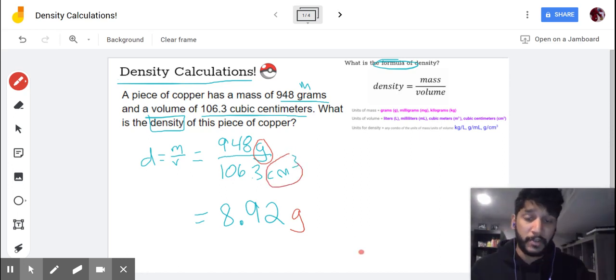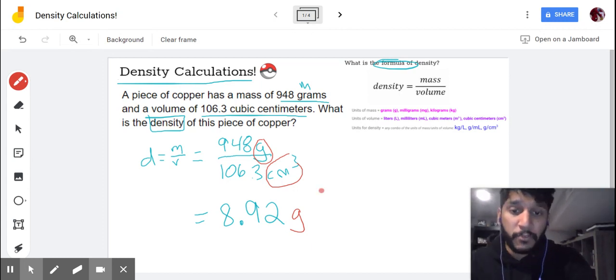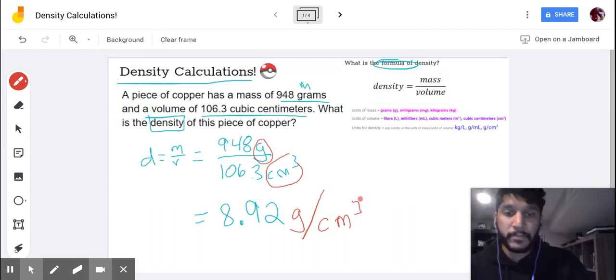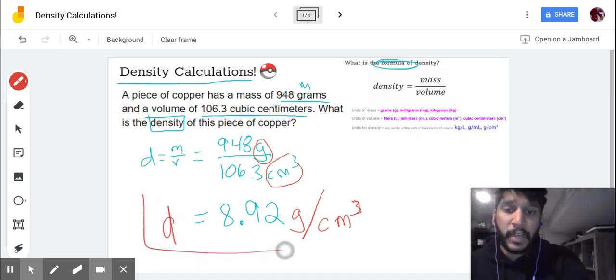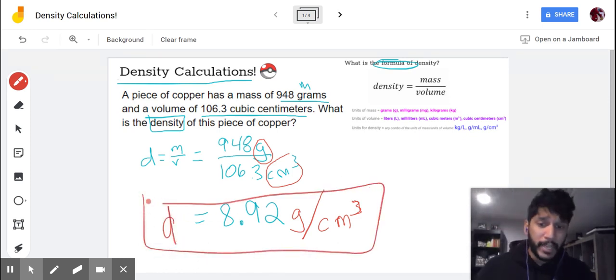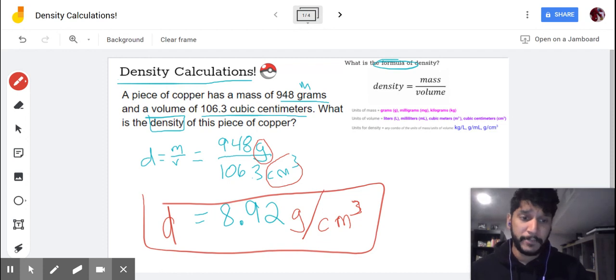They don't cancel each other out. They're still there. So we're going to have grams per cubic centimeter. So our final answer, the density of our piece of copper, is 8.92 grams per cubic centimeter. Okay, that was problem 1.